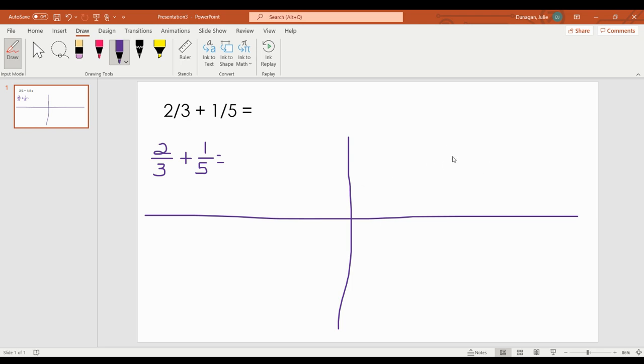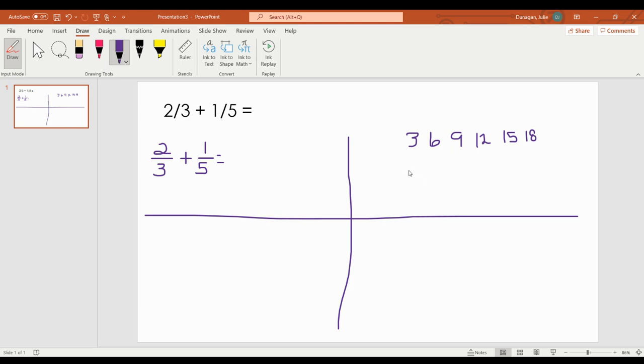So in this square over here, I like to skip count by my denominators until we find a denominator in common. So we're going to start with 3, 6, 9, 12, 15, and 18. Okay, so those are my 3s.